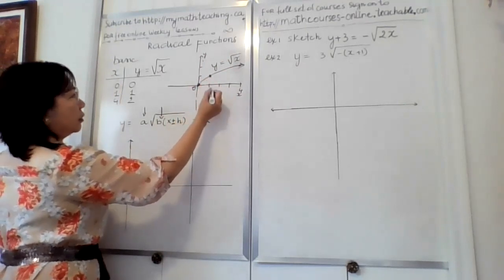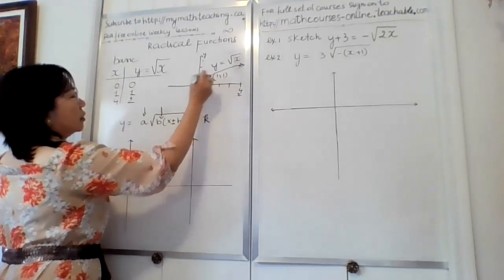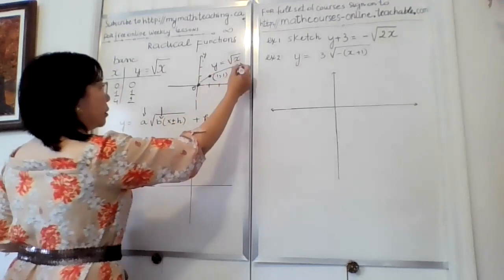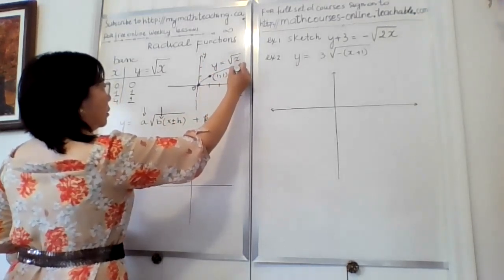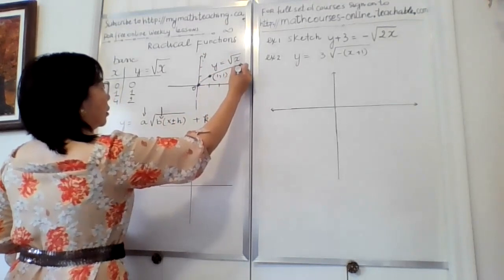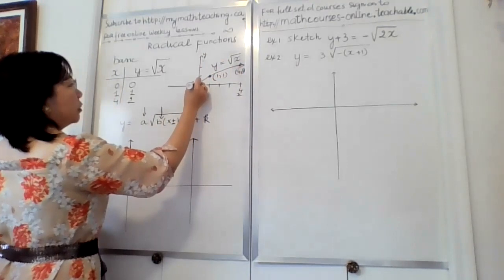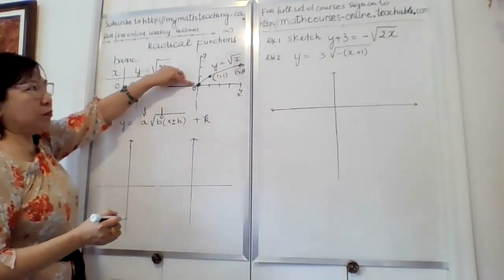You know this point here is 1 and 1, right? So that is an important point to start the shape of the radical function, as well as this point, 4 and 2. Now, another very important point you should pay attention to is the end point of the radical.